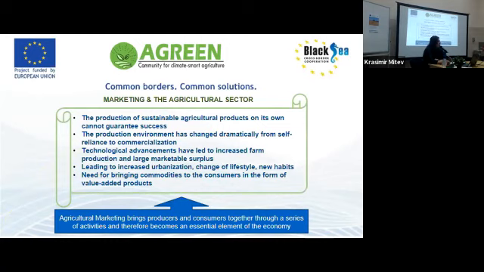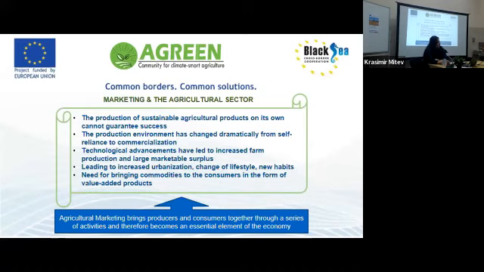Agricultural marketing brings producers and consumers together through a series of activities and therefore becomes an essential element of the economy. Why is agricultural marketing important? Because the production of sustainable agricultural products on its own cannot guarantee success. The production environment has changed dramatically from self-reliance to commercialization.